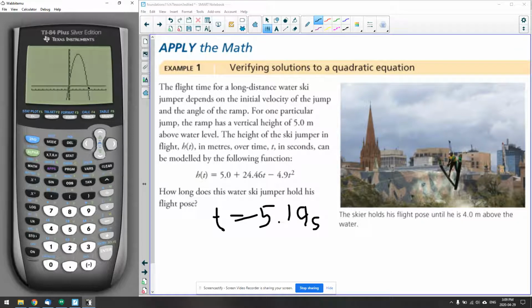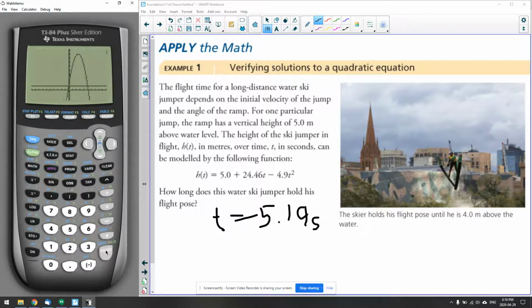Right, so then we're going to get an intersection point here where the water skier is going to come out of his pose. So this is where we would use something like intersect. We have two graphs and we want to find out where they run into each other. So we need to move our blinker on the first curve somewhat close to the point of intersection. Second curve, again, somewhere close to that point of intersection.